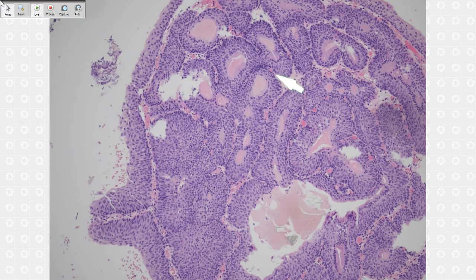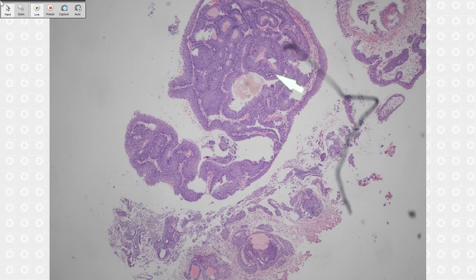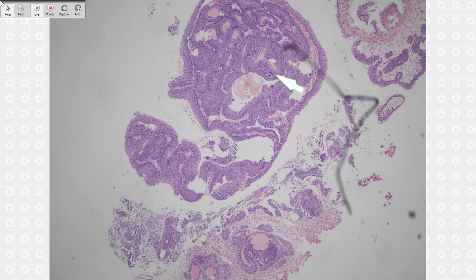But for this one, I think I go with inverted papilloma, because you see tubular proliferation with an endophytic growth pattern. Usually these cells stay mostly in the lamina propria.